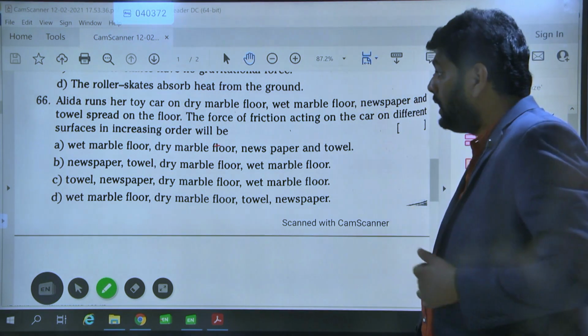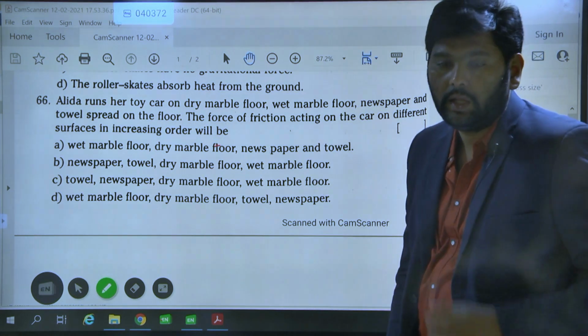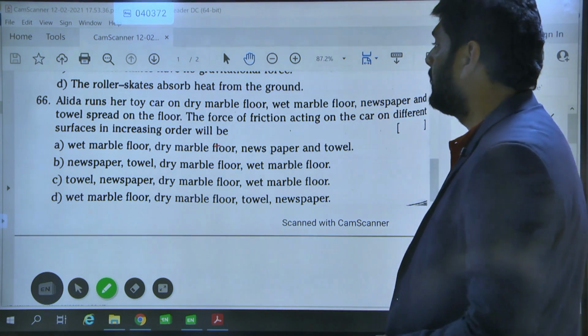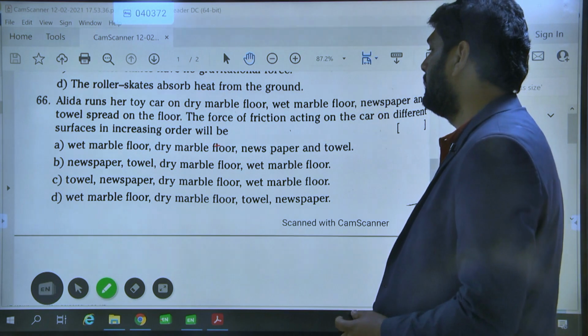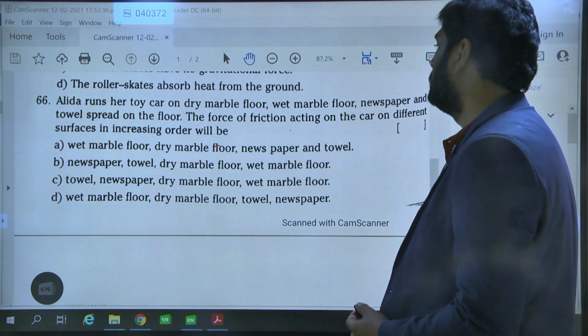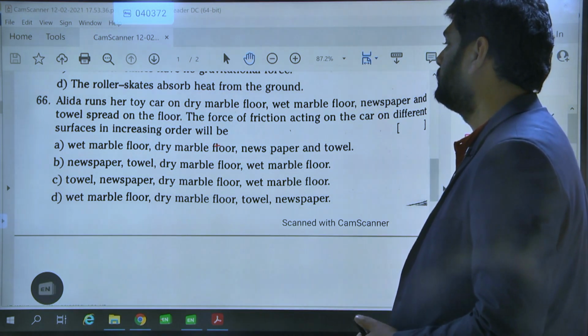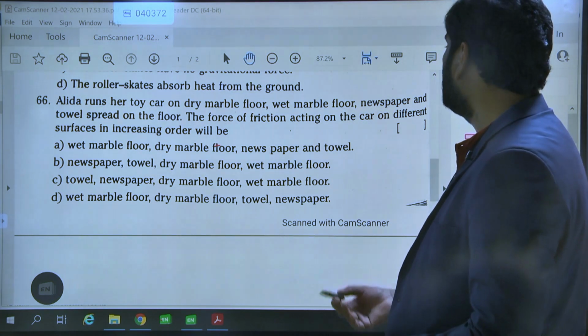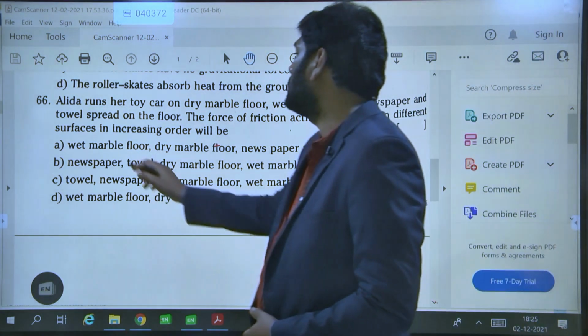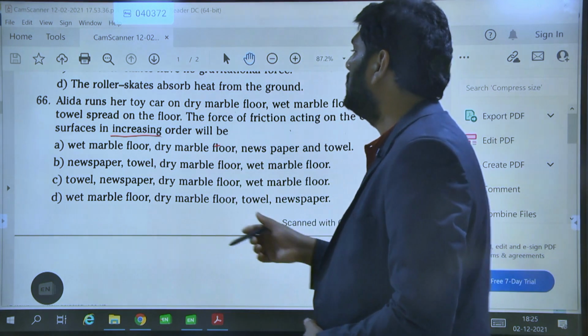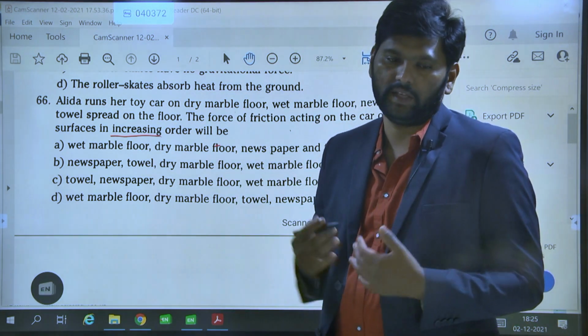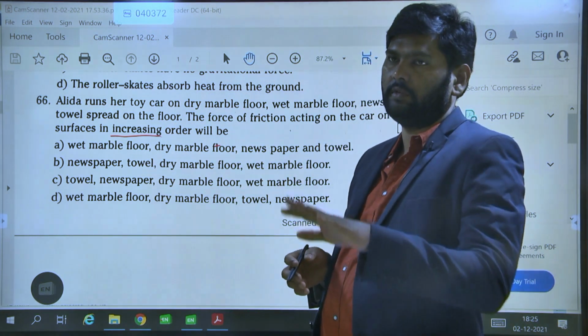Dry marble floor. First of all, which one will give less friction? Wet marble floor. They're asking increasing order, right? So obviously the wet marble floor has less friction, because we will slip.